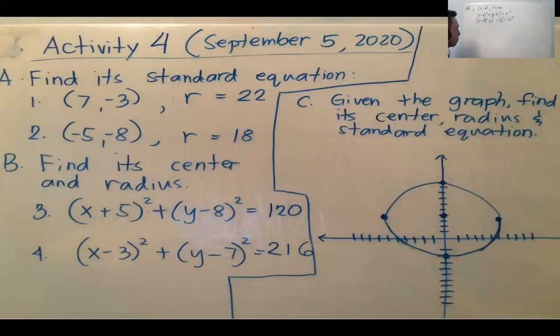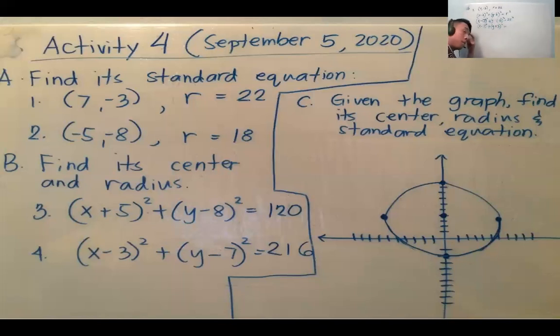Tama? Okay. Negative times positive is also negative. So I will copy x, and then minus 7 is squared plus y. Negative times negative, that is positive 3 squared. And then what is 22 squared?